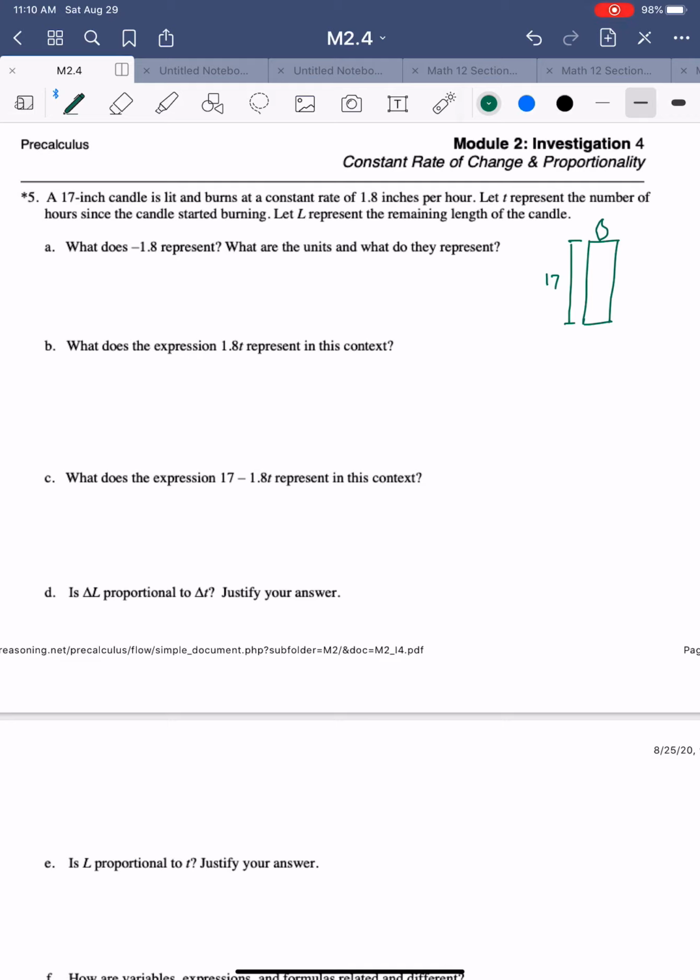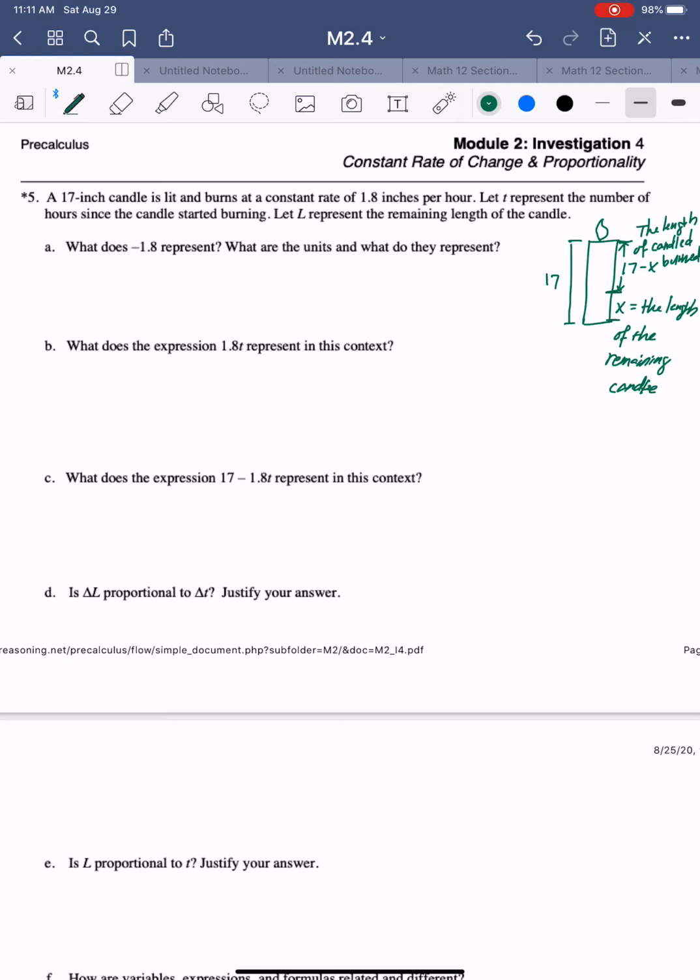So we're going to get 2 things here. Let's say x is the length of the remaining candle. That means from here to here, it's going to be 17 minus x, which is the length of candle burned.